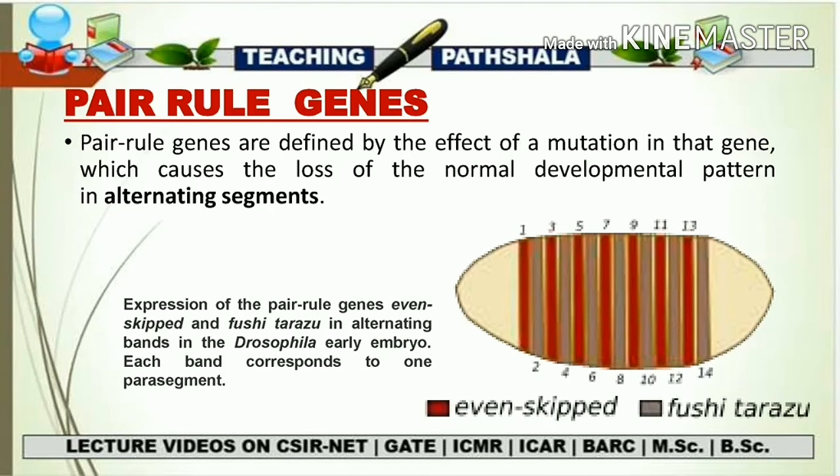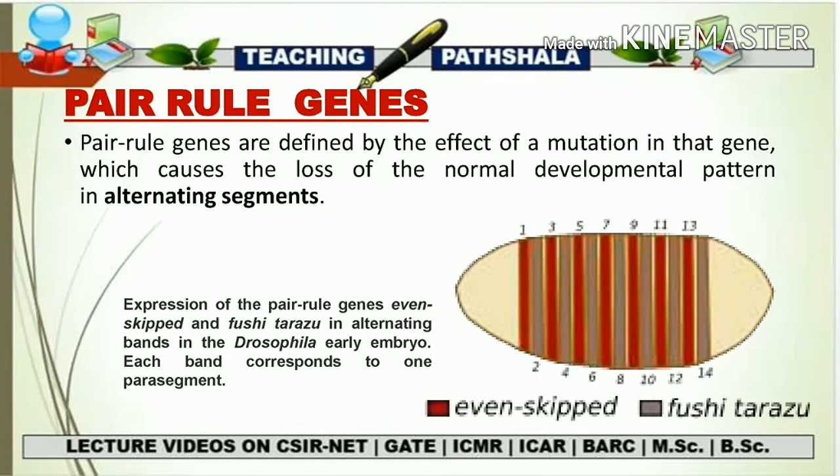And if we talk about the Fushi tarazu, it is going to be present in all the even-numbered parasegments, like parasegment number 2, 4, 6, 8, 10, 12, 14, which is displayed in front of you in gray color. So you should remember this concept, because it is very important for CSIR-NET: even skipped is present in odd-numbered parasegments and the Fushi tarazu is present in even-numbered parasegments.